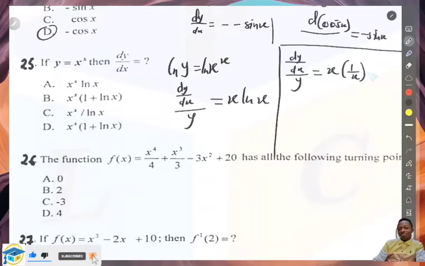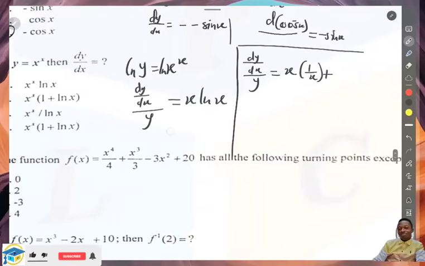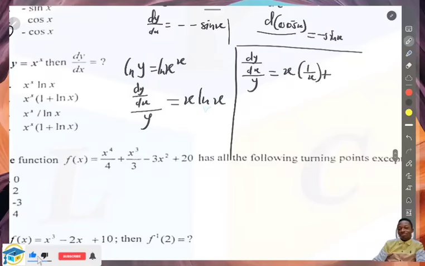Okay, then plus. Since this is a product of two functions, once I hold the x, I'll come back and hold the log x and then differentiate the x. Is that okay? So that's going to give me log x. And the differential of x here should be 1. Okay. So once I'm able to get this, that's fine. Therefore, I will say that dy over dx should be equal to, so I can say that the whole of this y can multiply this, right?